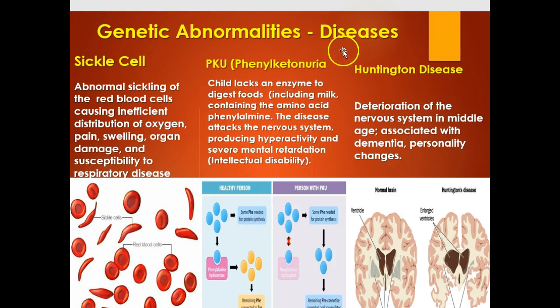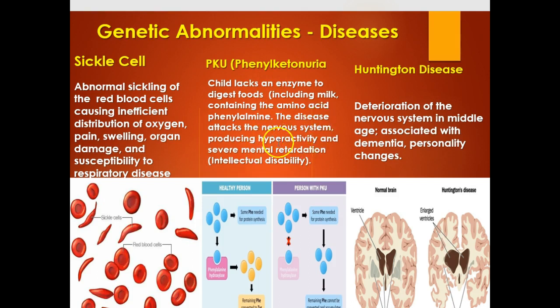All right, PKU, phenylketonuria. This is where a child lacks an enzyme, mostly a protein enzyme, needed to process foods, including milk, containing the amino acid phenylalanine. And this is found in the DNA strand that we talked about.